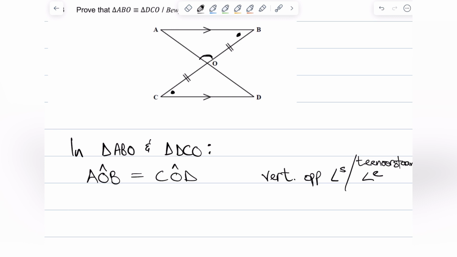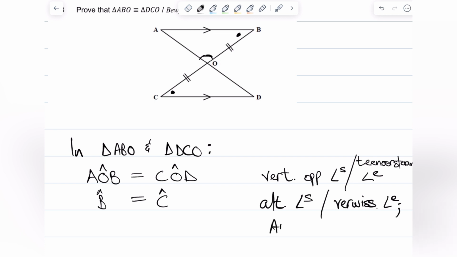So angle B, which is in triangle ABO, is equal to angle C, which is in triangle DCO. And the reason for that is alternate angles. I'm going to just write that part once, the part that says that line AB is parallel to line CD.